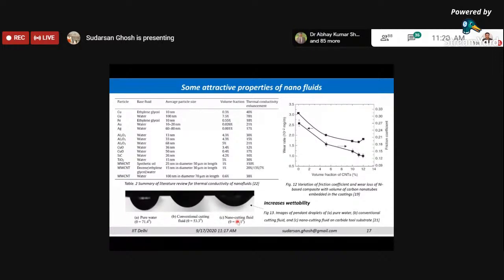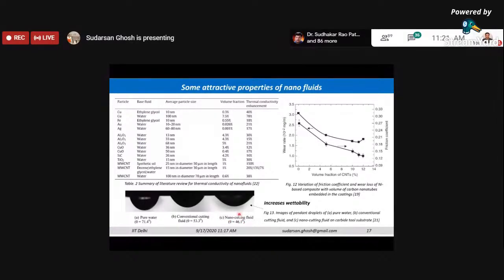Now if we can spray these nanofluids on that surface, the nanofluid will effectively wet that surface, and it will result in a better heat conduction process. So the conduction and the convection of the process will amplify if we use nano cutting.